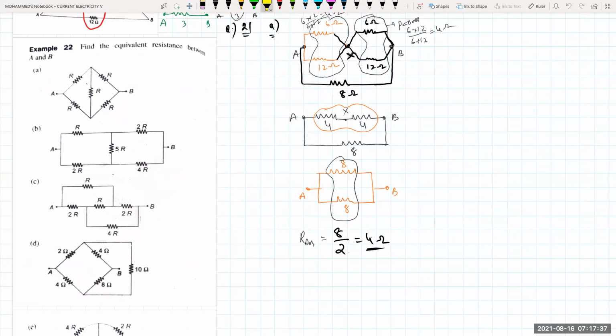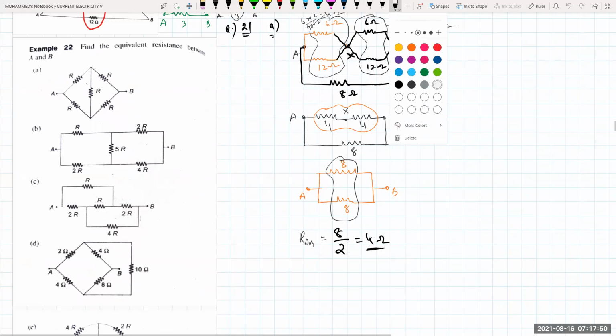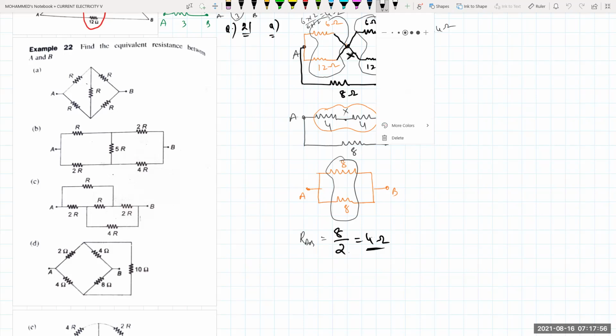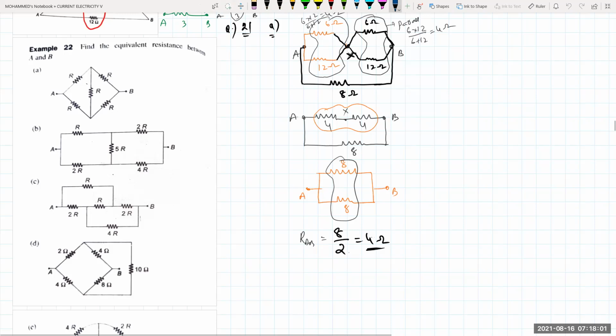So what do we need to do? What I told you, if R1 by R2 is equal to R3 by R4, this will become ineffective, no? So this will become ineffective.